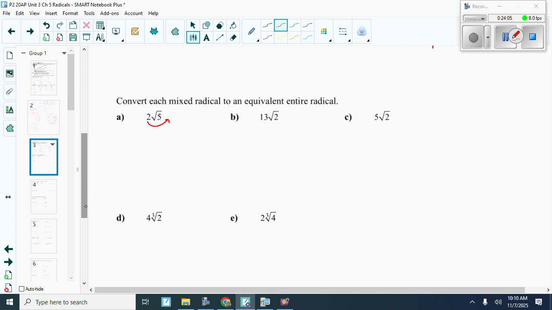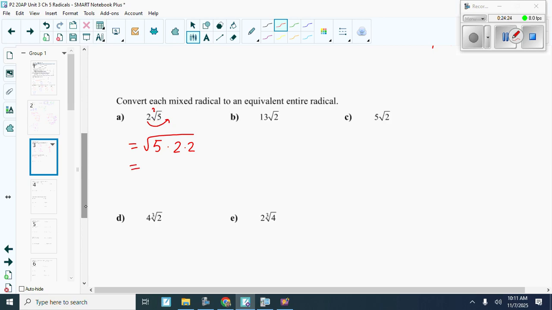So you remember that the square root has an index of 2. Some people like to think of it as they take the radical and then they take the coefficient and multiply it by itself however many times the index tells them to. So 2 times 2.